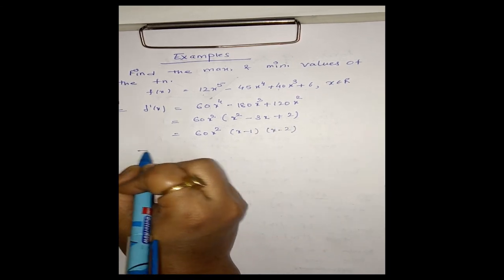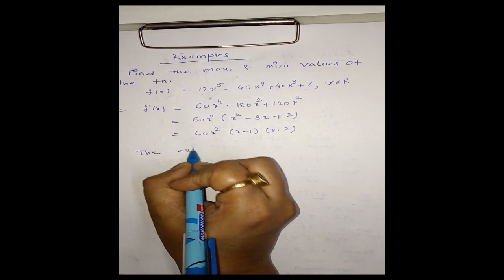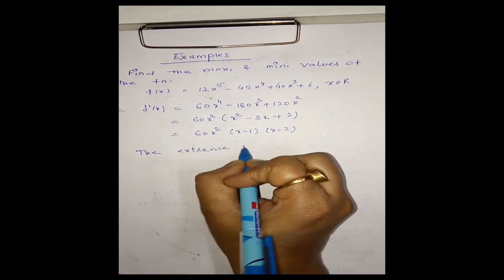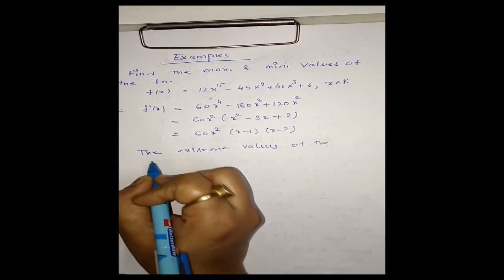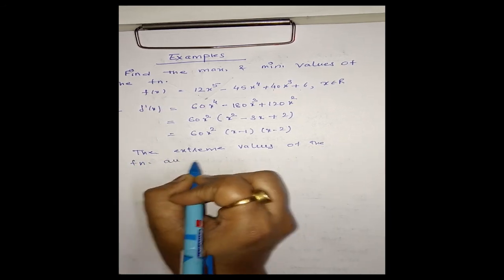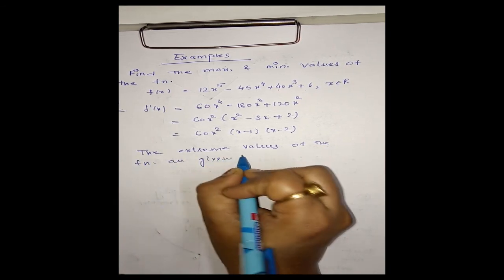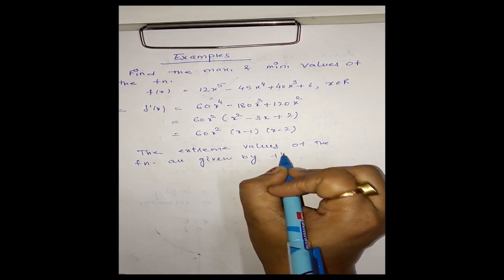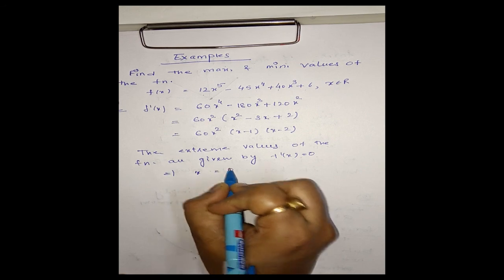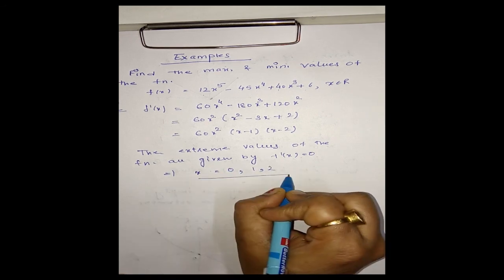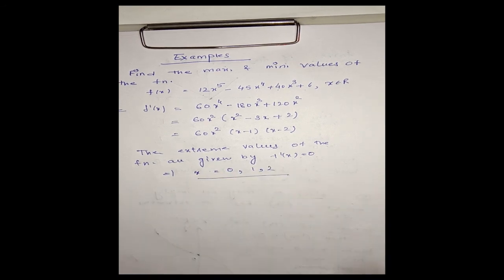The extreme values of the function are given by f dash x equal to 0. That means x is equal to 0, 1 and 2. These are the extreme points of the function.